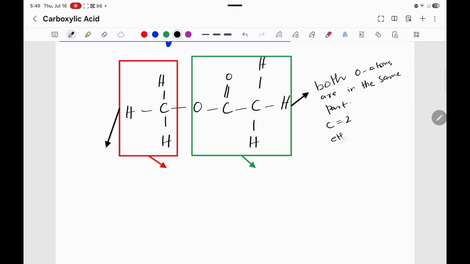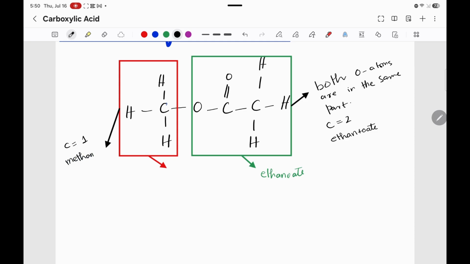So for 2 carbon, the name is ethane. I will drop the E and I will add another word, that is OH. So it will become ethanoate. Alright. And the other part, which has no oxygen in it, has how many carbon? It has 1 carbon. So it would be methane.